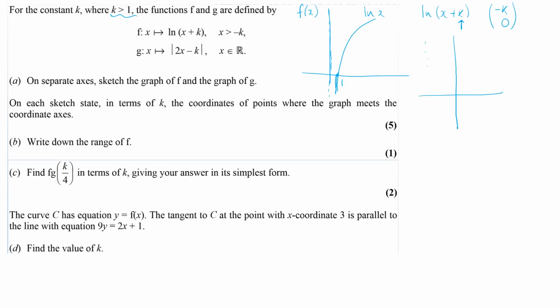So we're going to move the asymptote, and that will be x is equal to minus k. Now this place here, if you think of k being 3, then we'd be going 1 minus 3. So the place here where it crosses is just going to be 1 minus k.